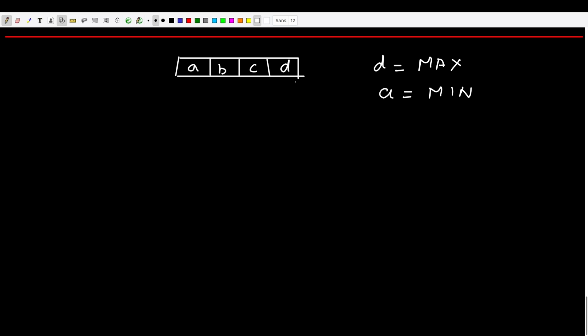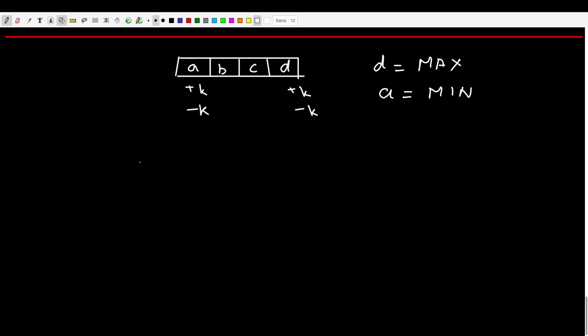Okay. Now what we can do is add k to an element, or subtract k from it. So we can increase or decrease the height. Similarly here also we can increase and decrease the height.